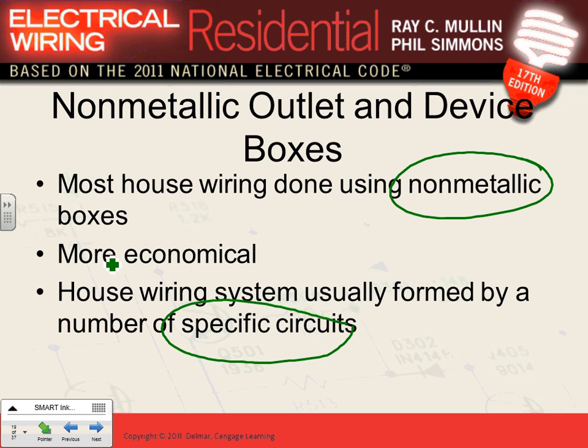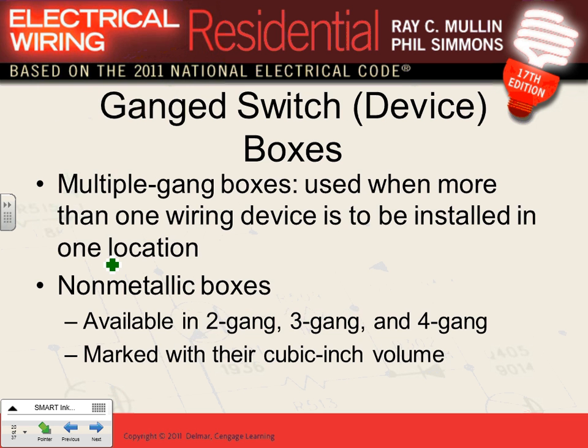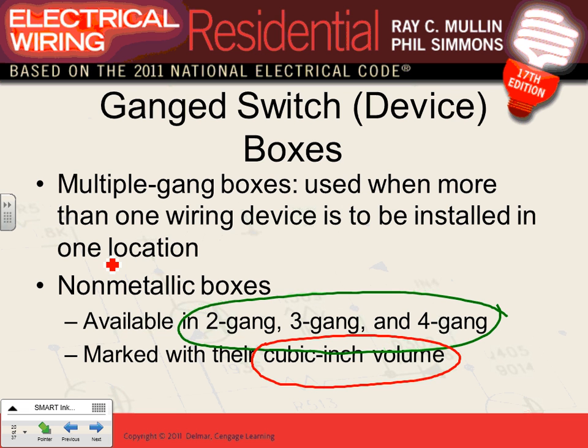So, okay, boxes, non-metallic for these. We talked about multiple gang boxes, guys, 2 to 3 to 4 gang, especially up to 4 gang non-metallic boxes that you can put. For box fill calculation, the non-metallic box always has the cubic inch volume marked inside it, as well as the number of typical conductors that we use, 14/2, 12/2, 14/3.